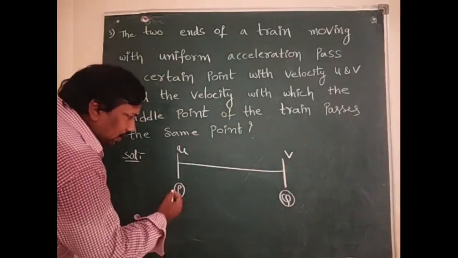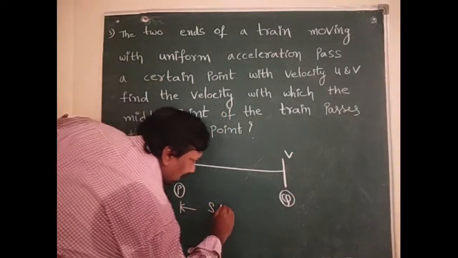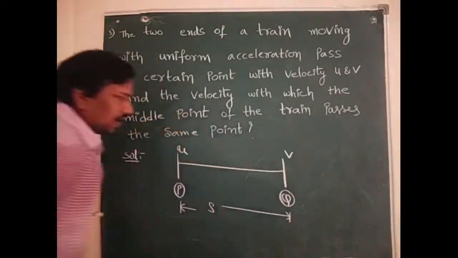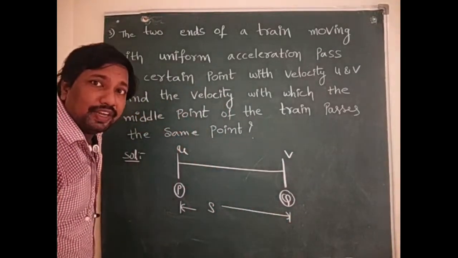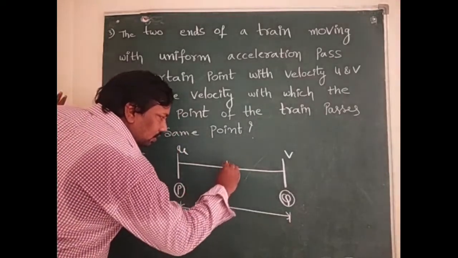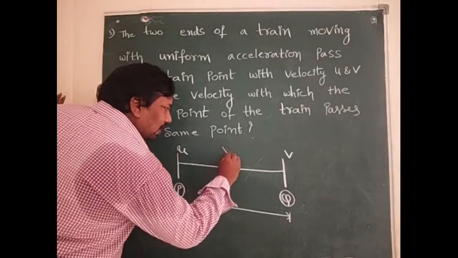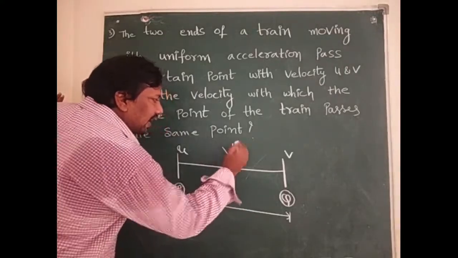So now the distance between the 2 points is assumed to be s. So here you can find out the middle point of the displacement of the 2 points. So this is the middle point. Its velocity we can assume is v dash.